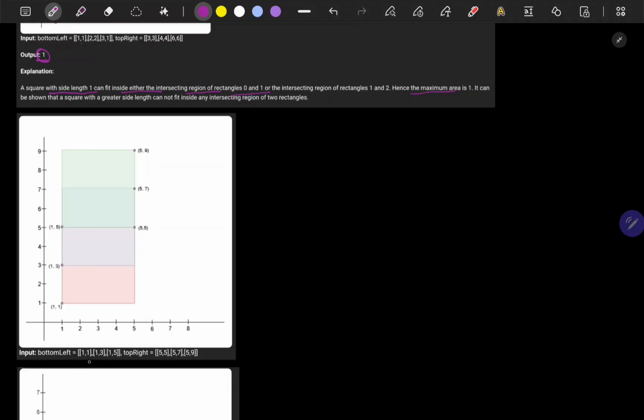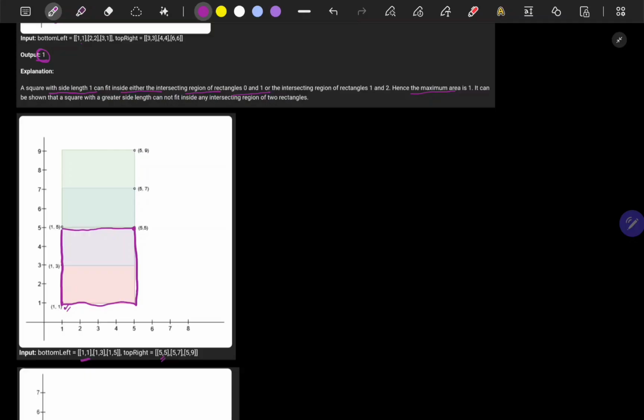In this example, 1 1 is the bottom left corner, and 5 5 is the top right corner. So this is our first rectangle given in the example.